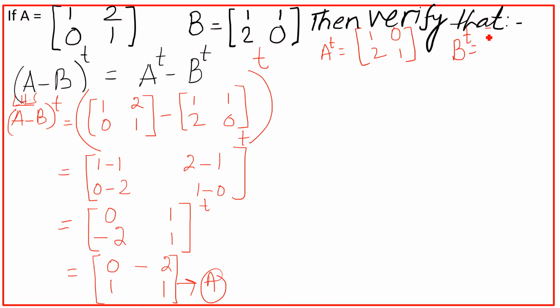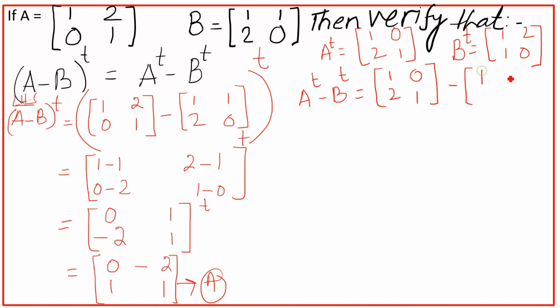B transpose is 1 1 2 0, and then A transpose minus B transpose is equal to 1 2 0 1, subtraction of 1 2 1 0. Just subtract it. 1 minus 1, corresponding entries. And now you should know what is the meaning of corresponding entries.